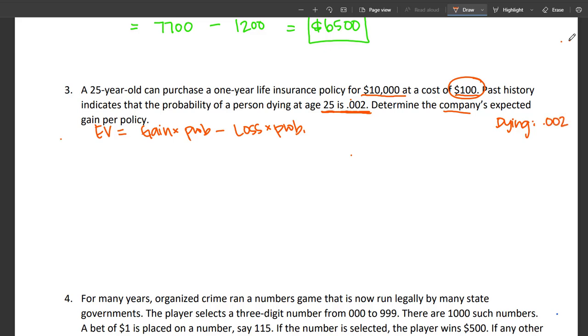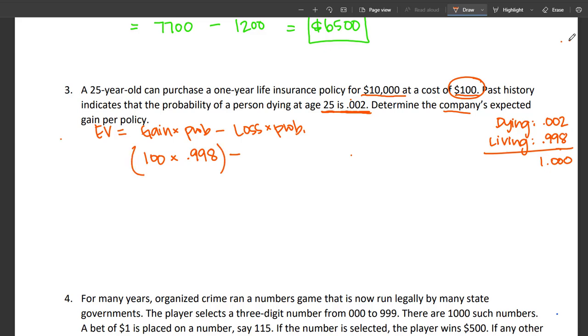So that means that if the probability of the person dying is 0.002, what is the probability of the person living? Well, both of these have to total to 1. So that would mean the probability that the person lives is 0.998. So in order for them to gain money, the people have to live. So they gain $100 per policy, and the probability of them gaining that money is 0.998.